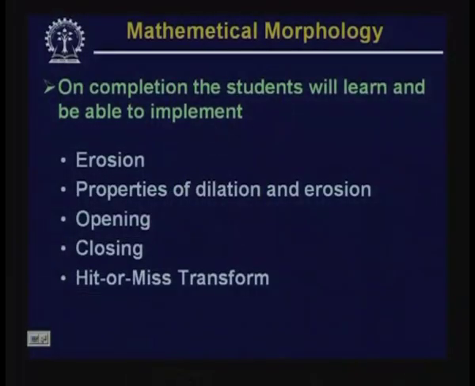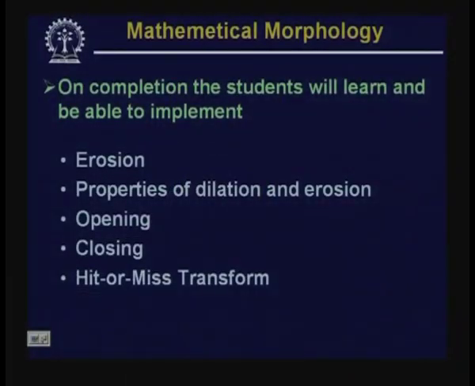So, in image processing operations, we use a combination of these dilation and erosion operations. In one case, the dilation is done first followed by erosion, and in the other case the erosion is done first followed by the dilation operation. And accordingly, we have two different operations.